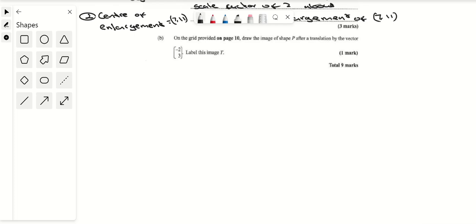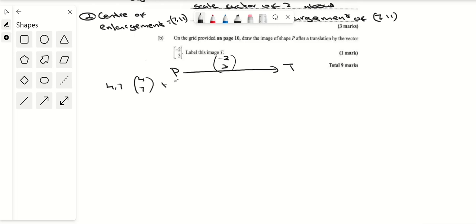So we have P, object P, to image T, under translation -2, 3, right? So we want 4, 7. 4, 7 is 4 on top, 7 on the bottom as a column matrix.